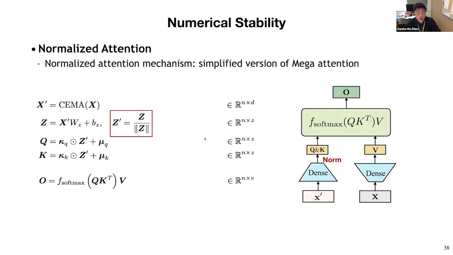And the third one is for stability of the architecture. The idea is directly inspired by the normalization in attention, for example, the QK normalization.